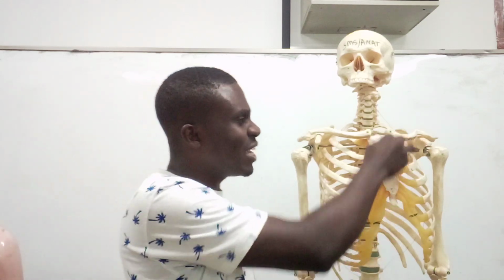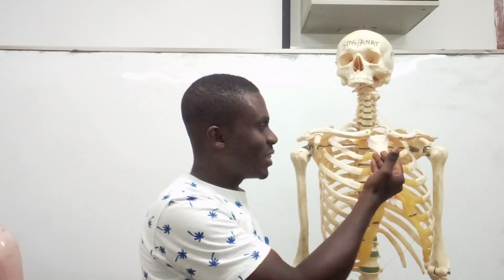Therefore, with these three structures, the sternum is superficial, the anterior portion of the pericardium is intermediate, and the heart itself is deep. So these are the things that I want you to know. That is also another aspect of superficial and deep.